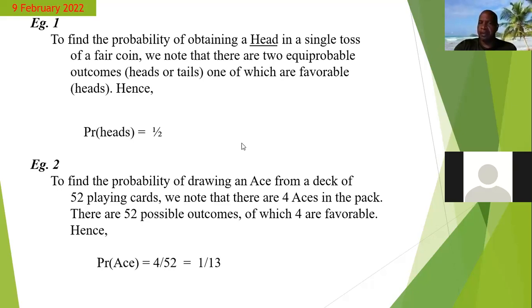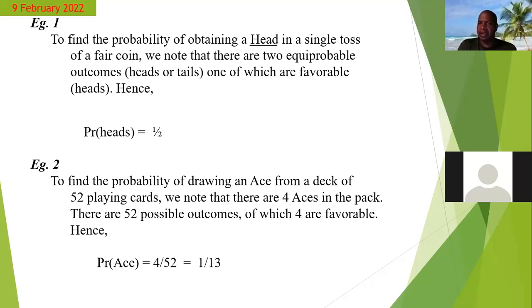Remember that the probability by definition is the number of favorable outcomes, the ones that you are in favor of, out of the total possible outcomes, which is the total amount of cards in the pack. So if we are to find the probability of drawing an ace, it means that we would be in favor of what?